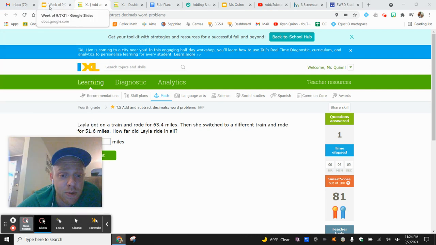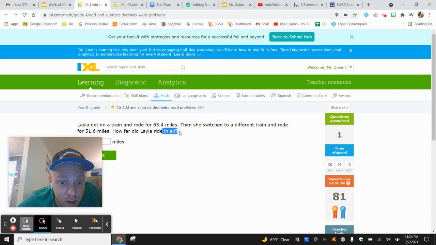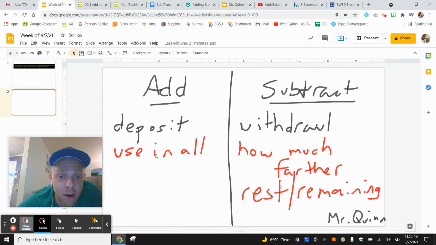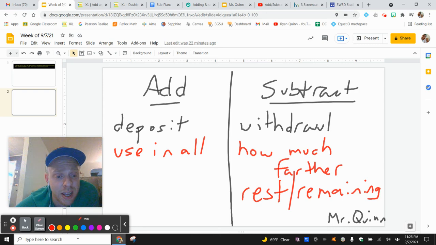Because hopefully when you see the end of this question, because I'm looking in the question for that keyword, in all, you remember, in all's already on our graphic organizer. It tells us that we want to add. That's great. So, hopefully, at this point, you guys are really starting to understand how we can use our knowledge of math action words to help us solve problems.